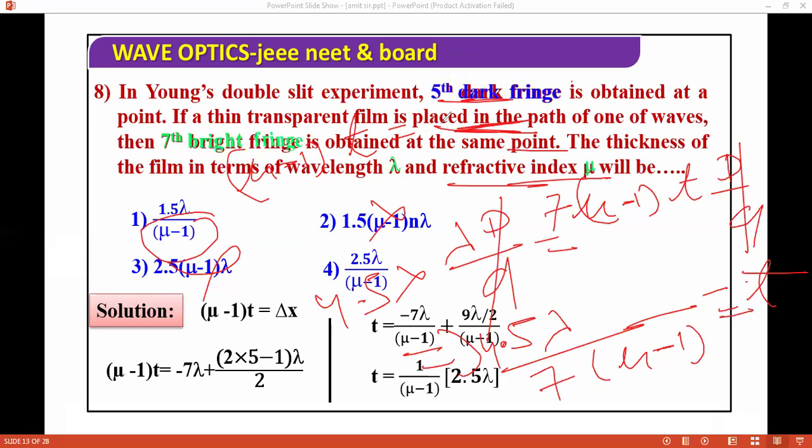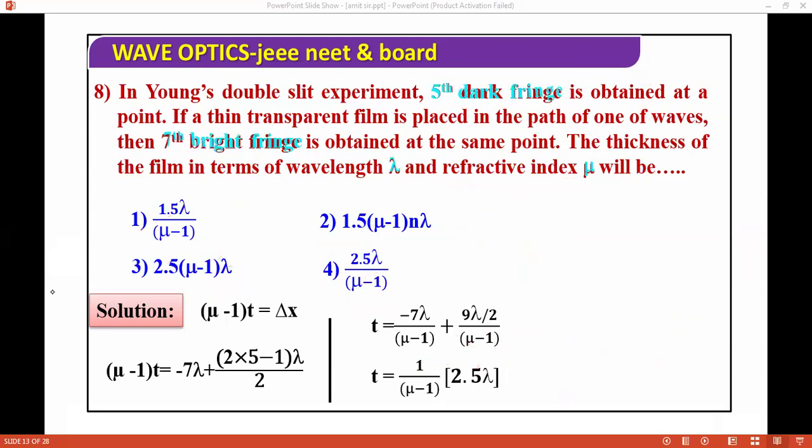You can go one side plus or minus, so basically you can take minus of 7 lambda, okay, minus of 7 lambda and plus of 4.5 lambda. Do it like this. Okay. For me, what becomes minus is 2.5 lambda of this. So you can find the relations from here and you can solve it.